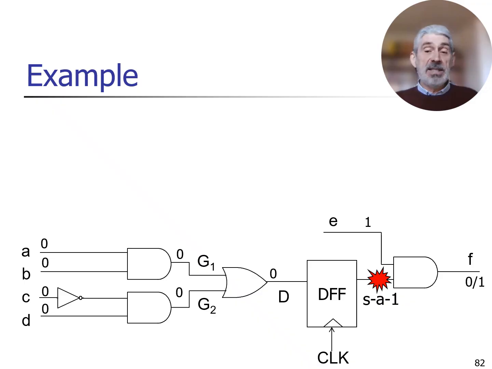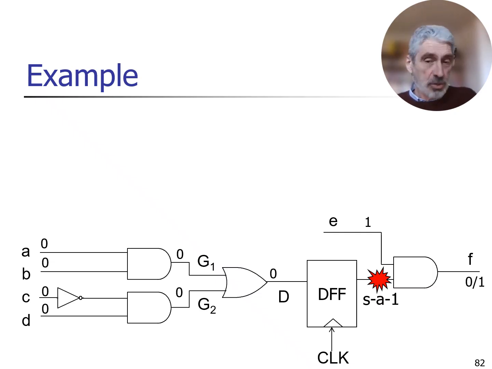what I need is typically two clock cycles here, one for forcing a 0 on the input of the flip-flop. Then I will activate the clock. The flip-flop will sample this value, will store it inside, and will force the corresponding 0 on the output. This will excite the fault.